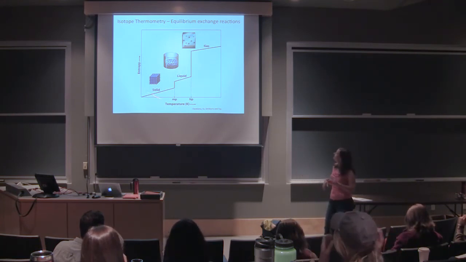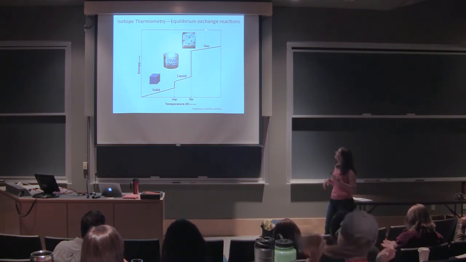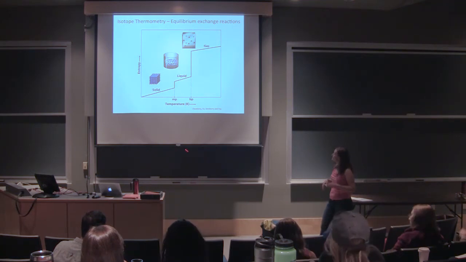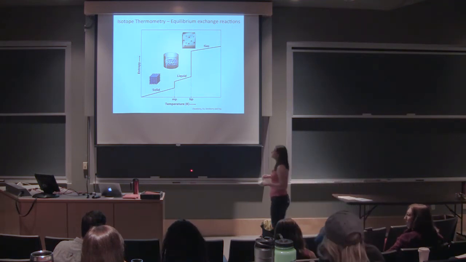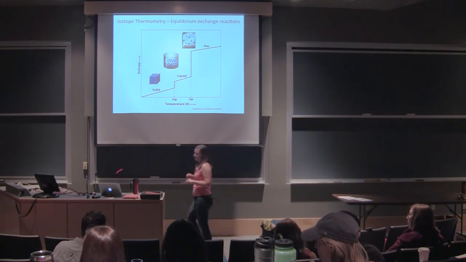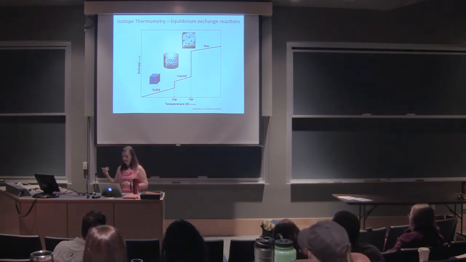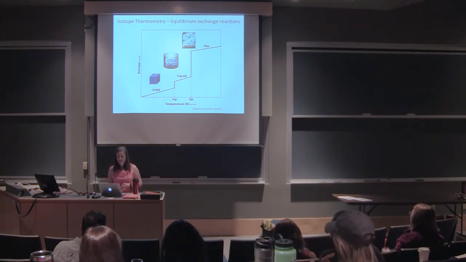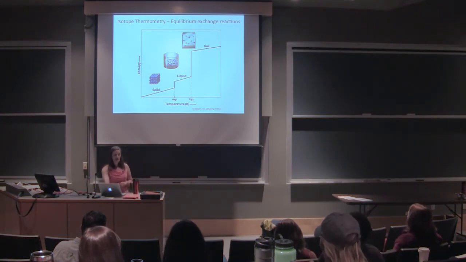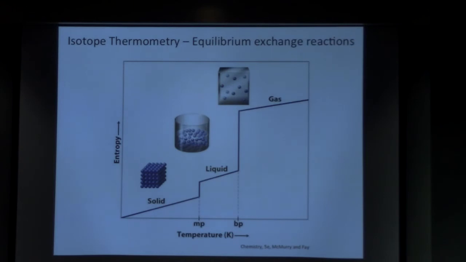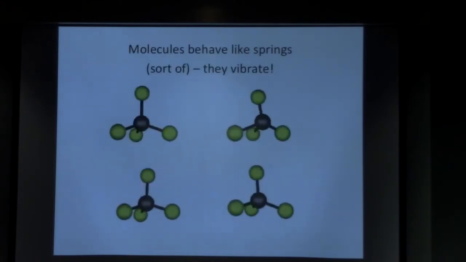So if we review our framework of that, we think about more disordered states at higher temperatures, so gaseous phases, and more ordered states at lower temperatures, moving from gas to more ordered as liquid to more ordered as solid. And we can think about the same thing when we think about equilibrium isotope exchange reactions.